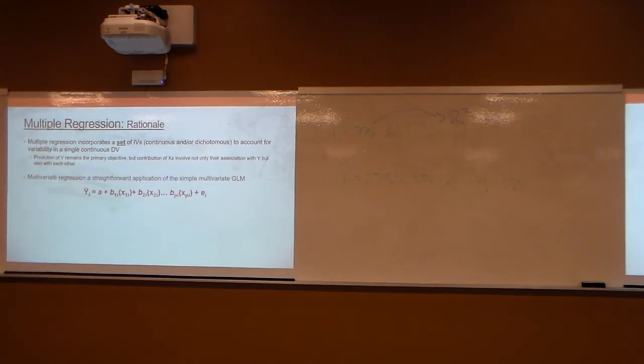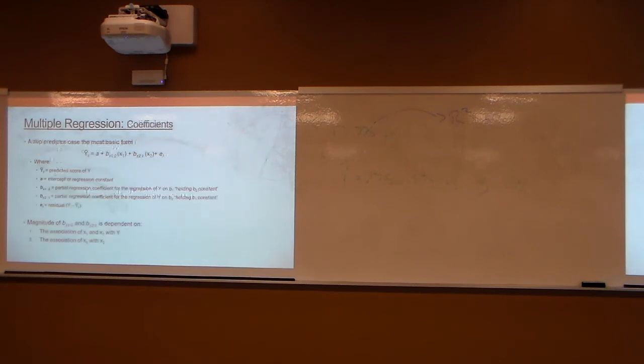Talk about multiple regression. Now we've got a set of variables: predictor 1, 2, 3, and so on in our most basic form. I think this is where we left off. Here's my regression equation with two predictors. Y hat is still my expected value of Y, my predicted value of my outcome.